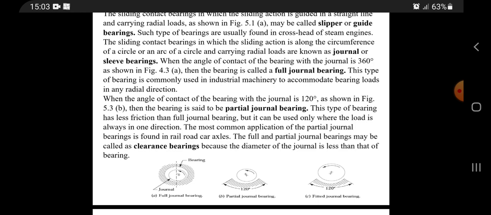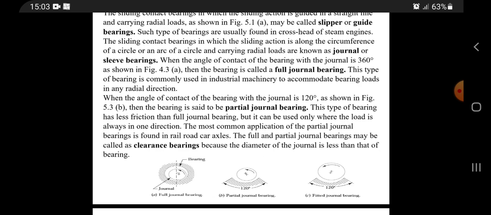When the angle of contact of the bearing with the journal is 120 degrees, the bearing is said to be a partial journal bearing. This type has less friction than a full journal bearing, but it can be used only where the load is always in one direction. The most common application of the partial journal bearing is found in railroad car axles.